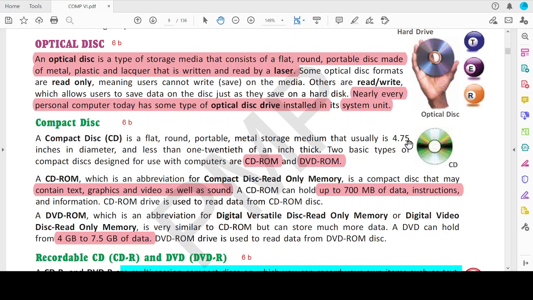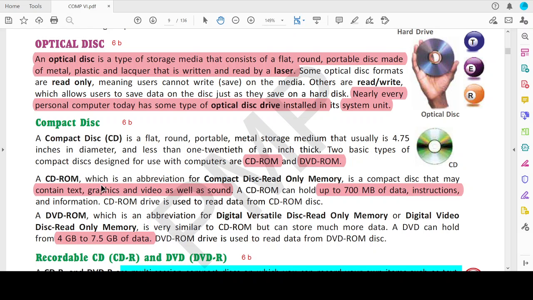It's 4.75 inches. The diameter is the distance from one point on the circumference to the opposite point, right? This is the diameter, and this is the radius. So the diameter of a CD-ROM is 4.75 inches.